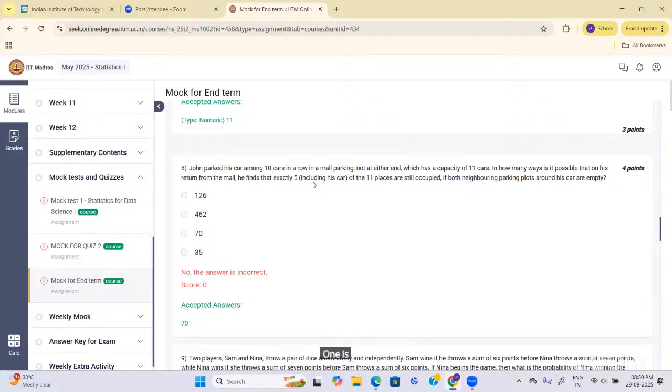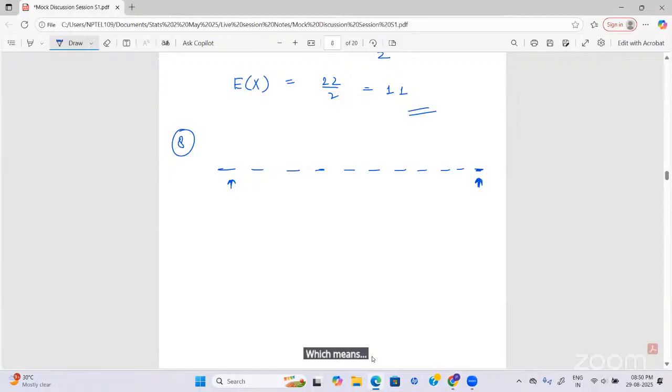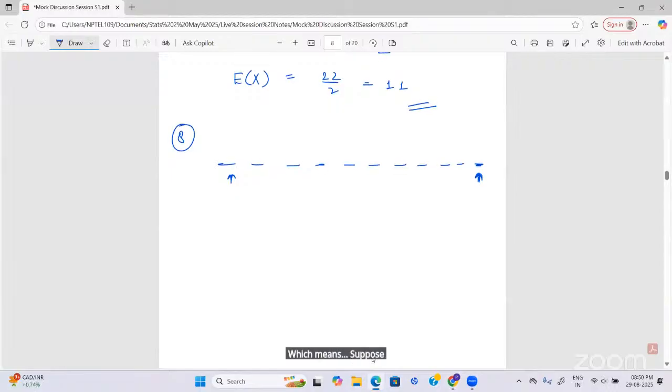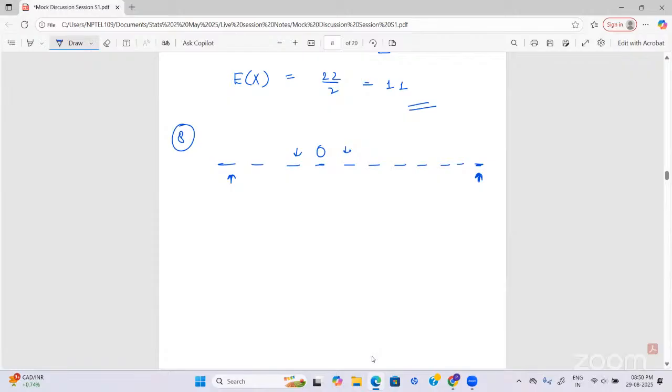Then it is given that both the neighboring parking slots around his car are empty, which means suppose he parks the car here, then this place and this place will be empty, the neighboring slots. Or suppose he is parking his car here, then these 2 places will be empty. This is the second condition. So he cannot park his car at this end and this end.